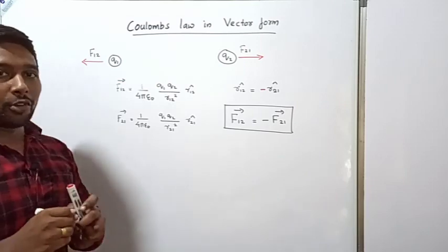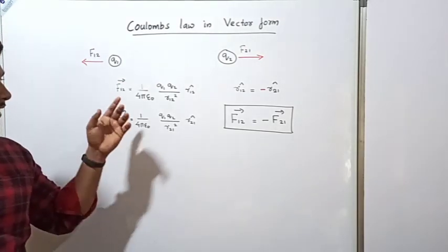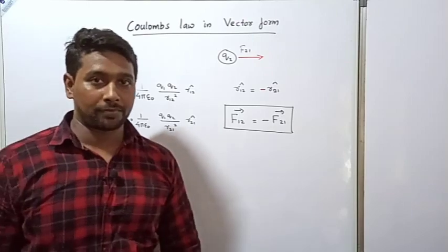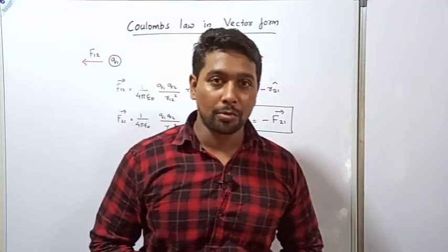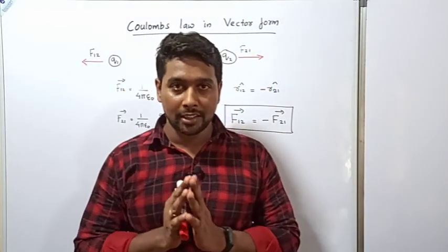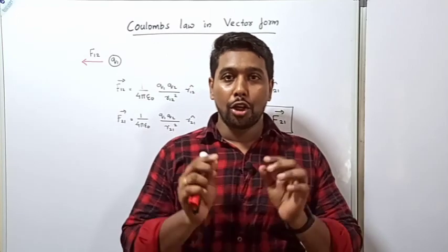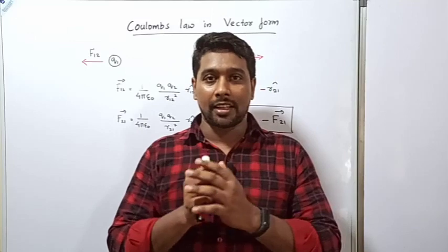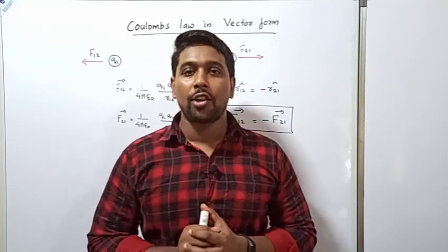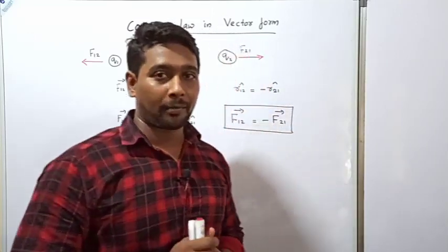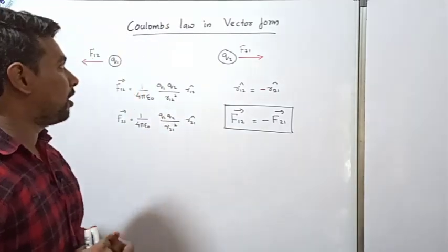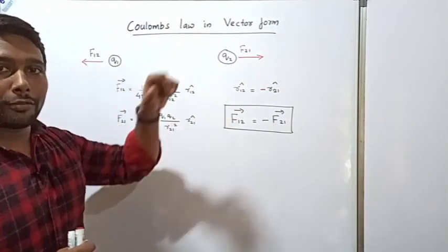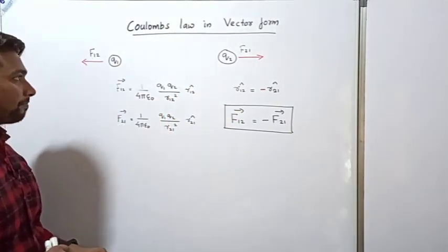This gives our Coulomb's law in vector form. You have to study Coulomb's law in vector form also. First of all, what was Coulomb's law? Coulomb's law states that the force of attraction or repulsion between two charges is directly proportional to the product of the charges and inversely proportional to the square of the distance between them. Using that law, we obtained it in vector form also, which is very important.